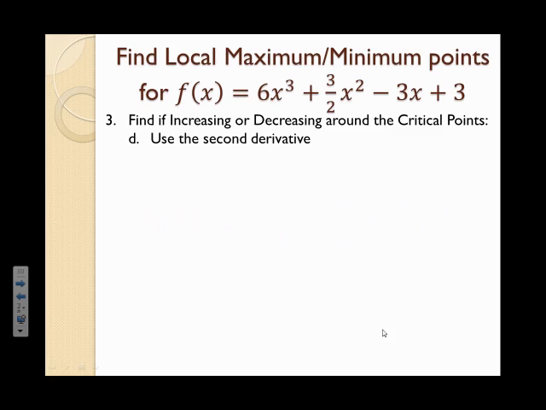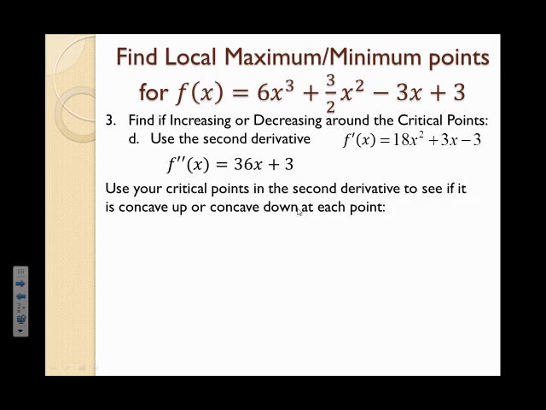The way that I think is easier at least, some students don't like it, but it's your choice, and that's to use the second derivative. If you calculate the second derivative, you're going to find that the second derivative of x is equal to 36x plus 3. Now, what you can do is go back to your critical points, your maximum and minimum, and see from those points if it's concave up or down at that point.